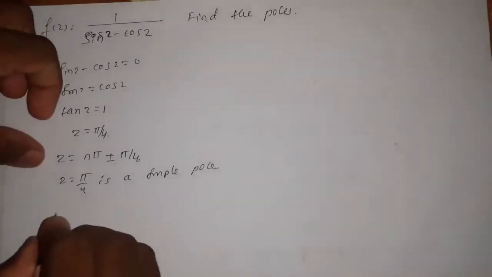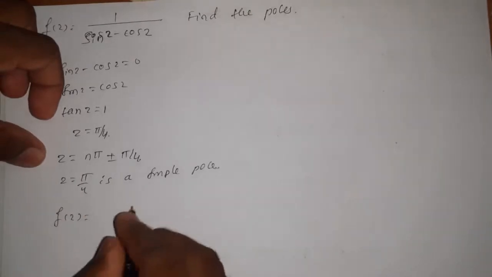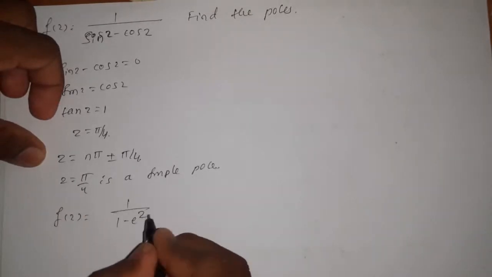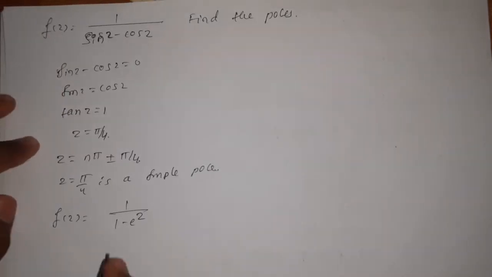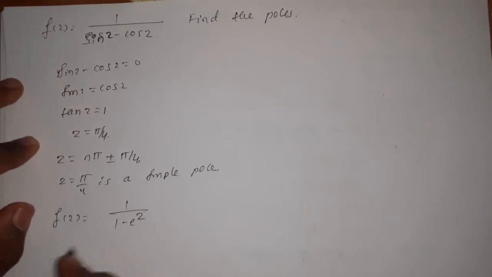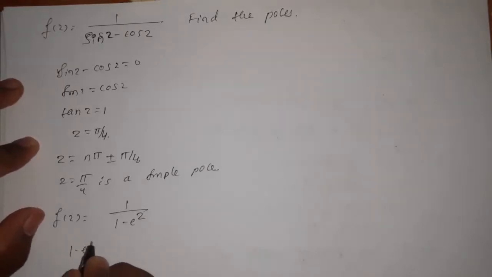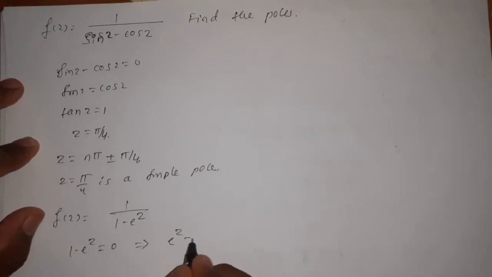And then the next example, f of z equal to 1 divided by (1 minus e power z). So here by equating the denominator to 0, it implies that e power z equal to 1.